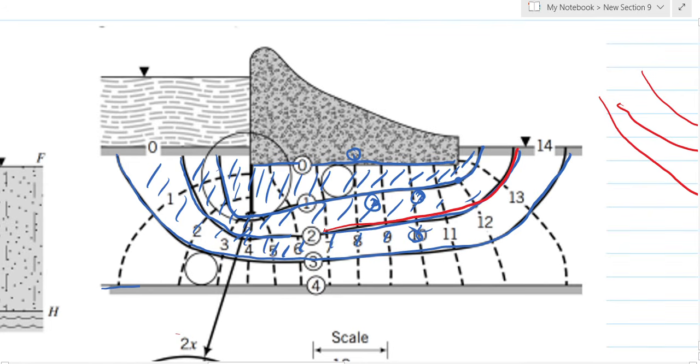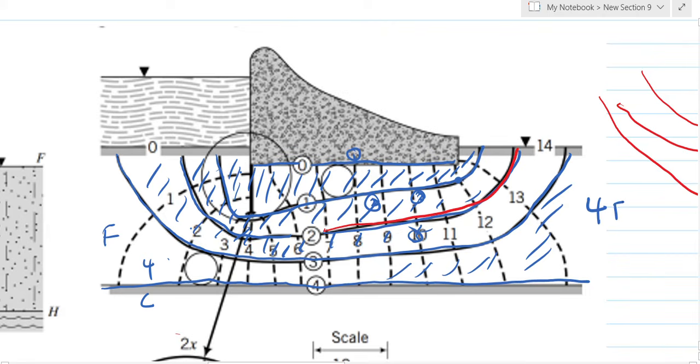And the impervious layer down here, which is our clay, the boundary between this foundation and the clay layer, is also a flow line, and so it creates a flow channel here. So we have 1, 2, 3, 4 flow channels, and we have 5 flow lines.